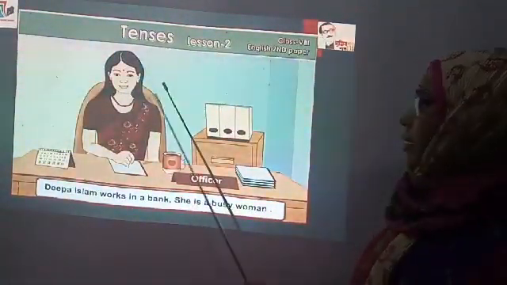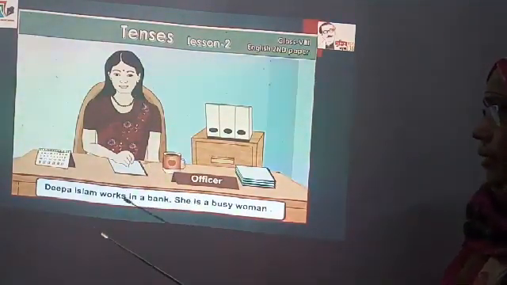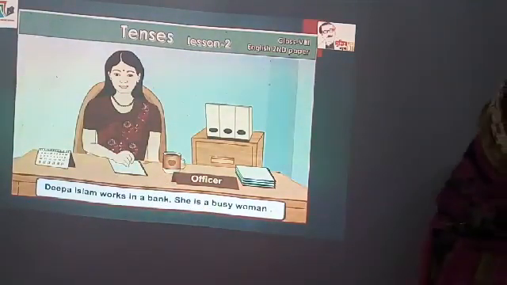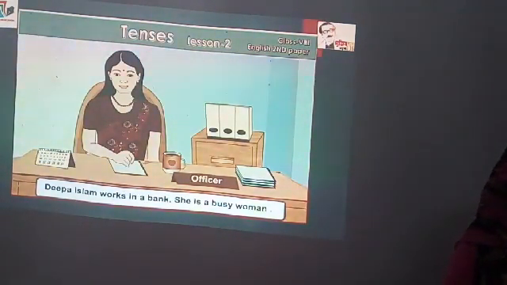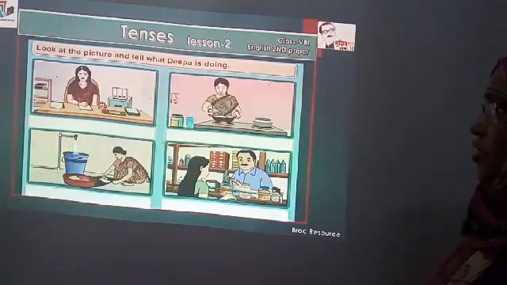Students, here is a picture. Her name is Deepa. Deepa works in a bank and she is a very busy woman. So let's see what activities she does.